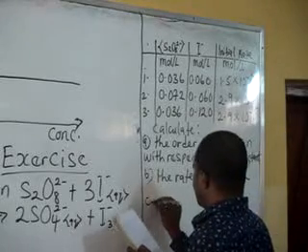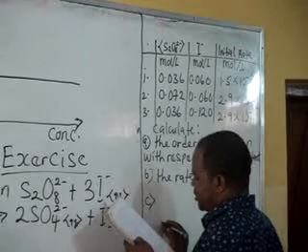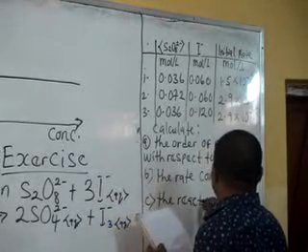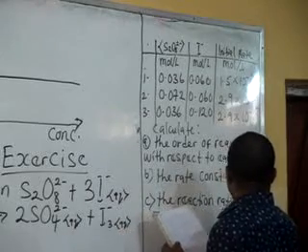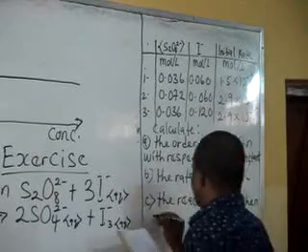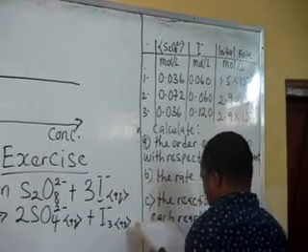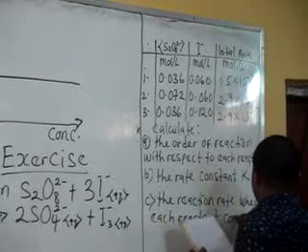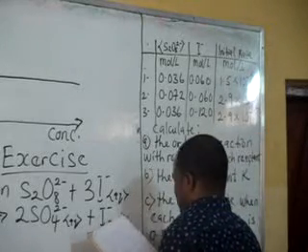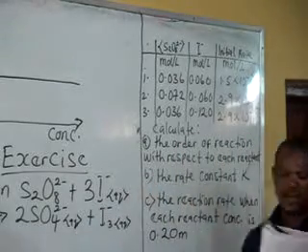Then C, we will calculate the reaction rate when each reactant concentration is 0.20 molar.